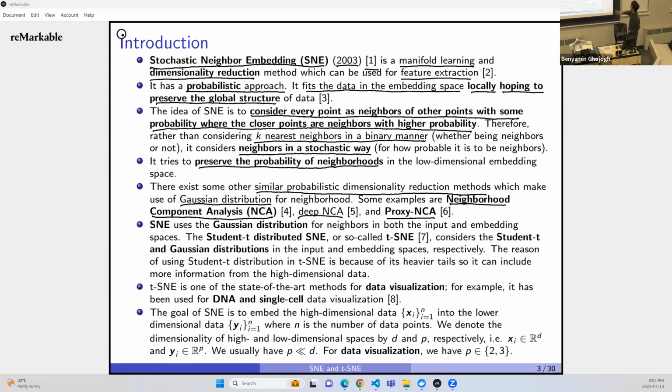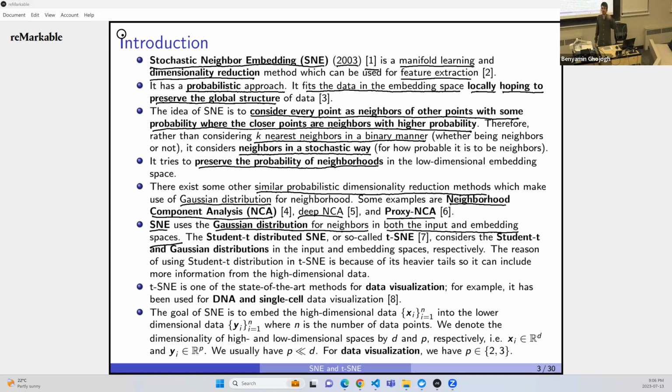NCA was used later in deep learning as a loss function. SNE, stochastic neighbor embedding, uses a Gaussian distribution for neighbors in both the input and embedding spaces. I want the KL divergence between these two to be minimized.